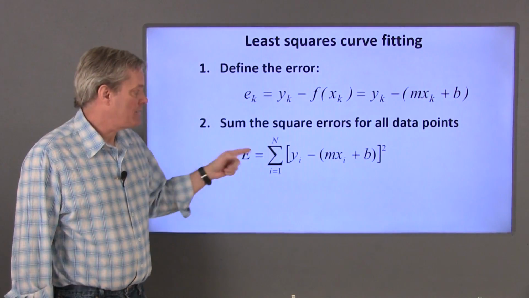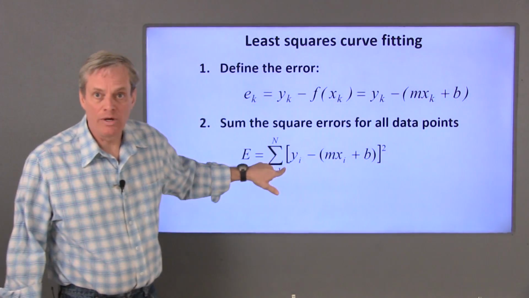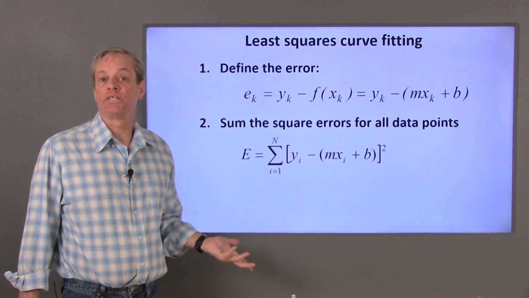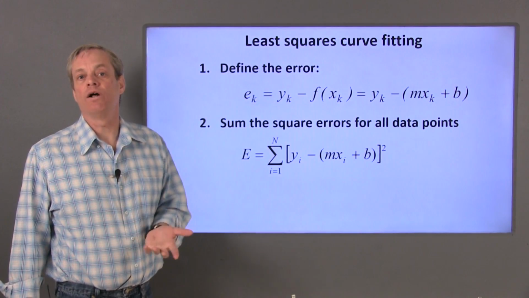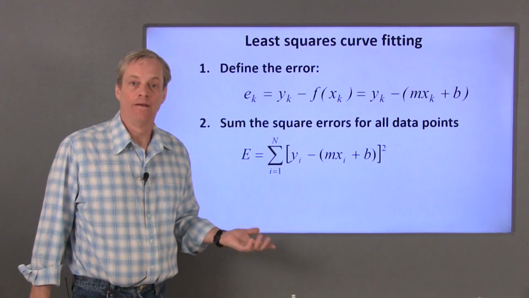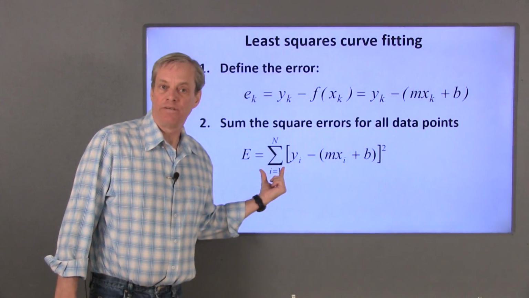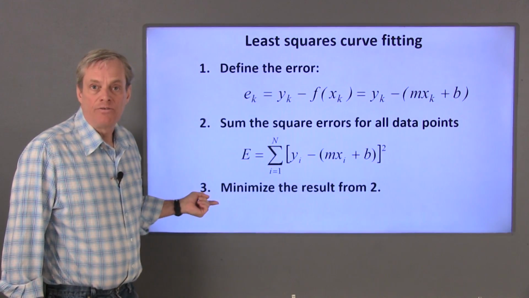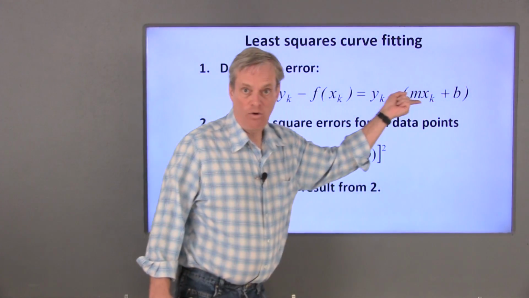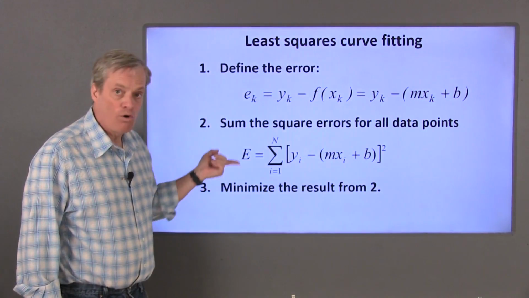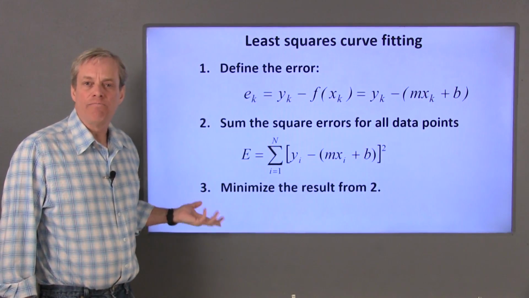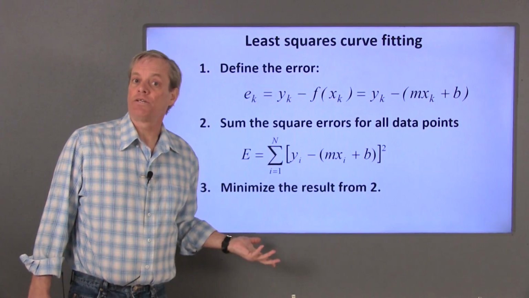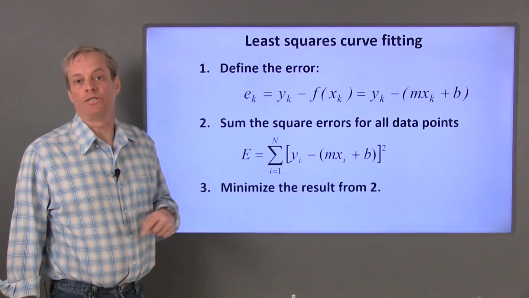Then square this error at each data point and add up all the contributions to get an overall error between all the data points and the curve fit. This symbol, the Greek letter sigma, denotes summation. Finally, choose values of m and b in this equation to minimize this overall error. This step is mathematically kind of tedious, so I'll gloss over the details and just give the result on the next slide.